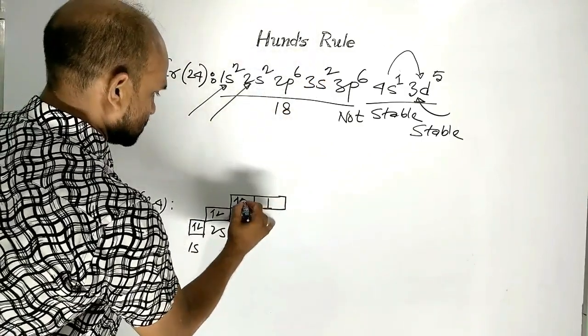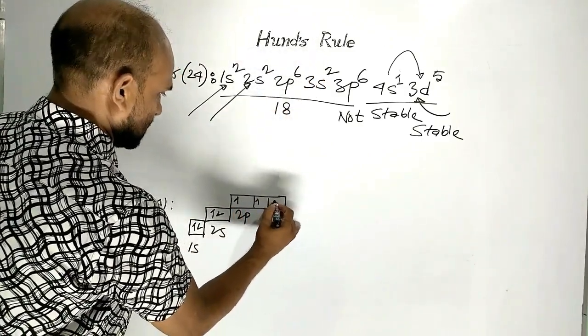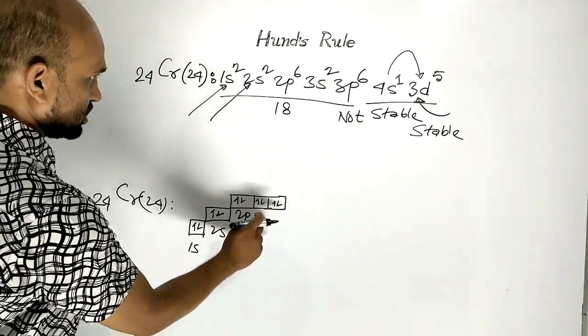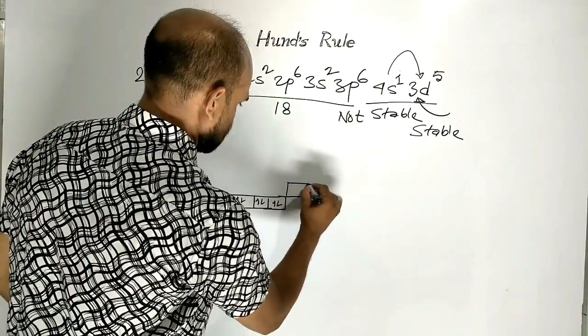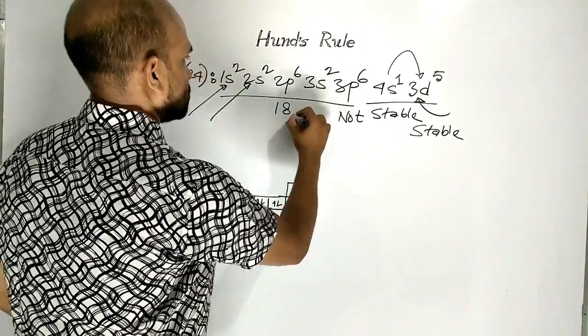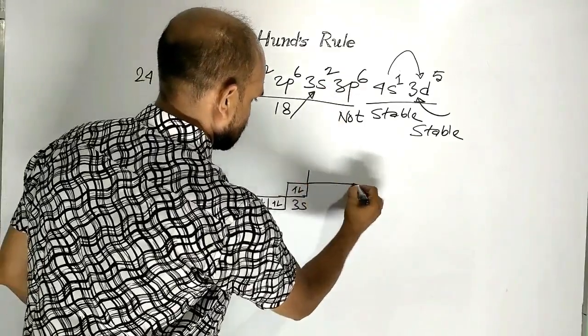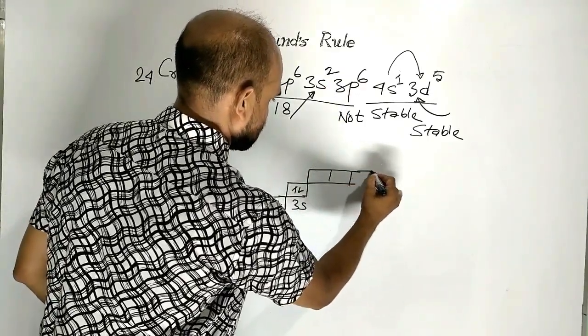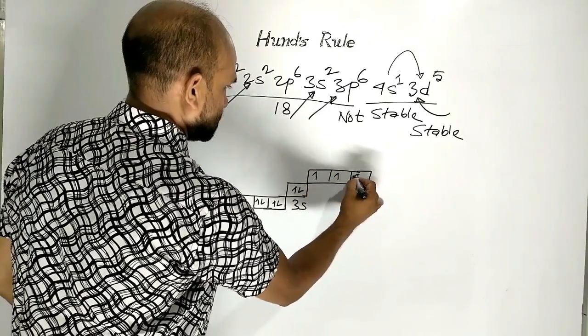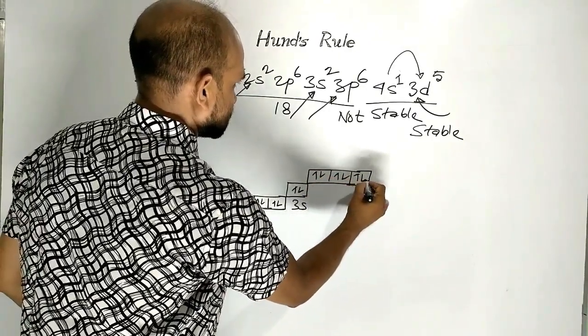Total 6 electrons. According to Hund's rule. In this way. Then 3s, 2 electrons. 3p, 6 electrons. 1, 2, 3, 4, 5, 6.